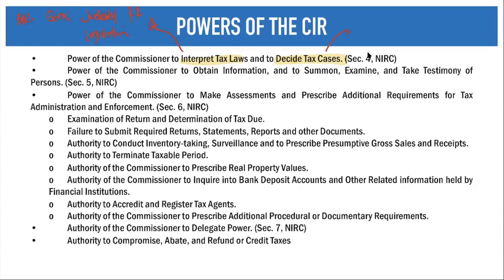It is quasi-legislative because, again, they can interpret tax laws, and interpreting tax laws, they provide revenue regulations. These revenue regulations form part of the laws of the land. So the revenue regulations, therefore, is considered a law. Since they can make a law, they perform legislative function. That's why we have here quasi-legislative.